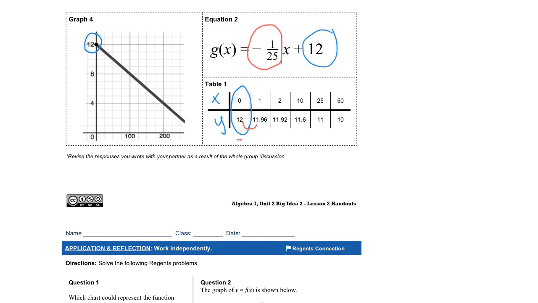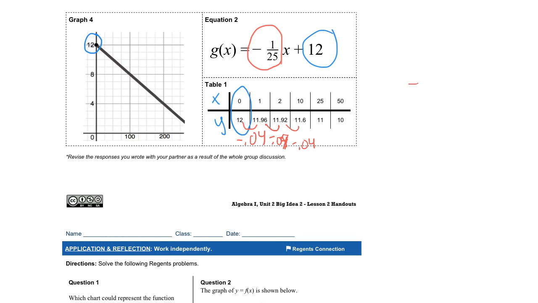minus 0.04. And the same thing here, minus 0.04, which, just for completion's sake, is the same thing as -1/25.